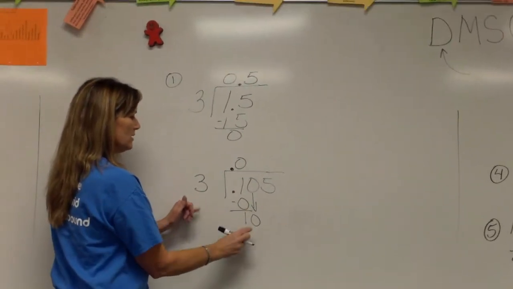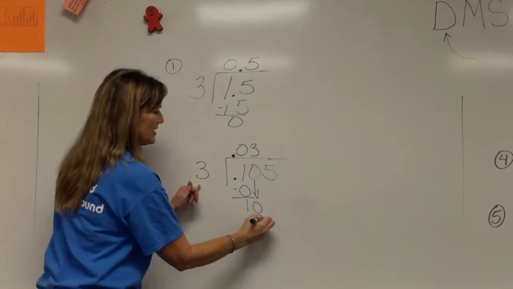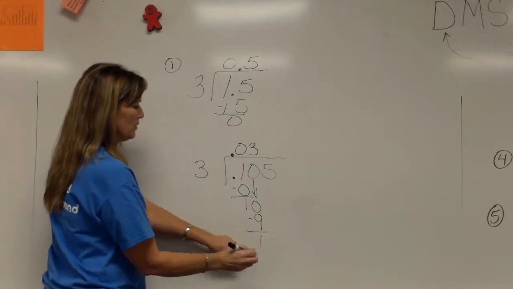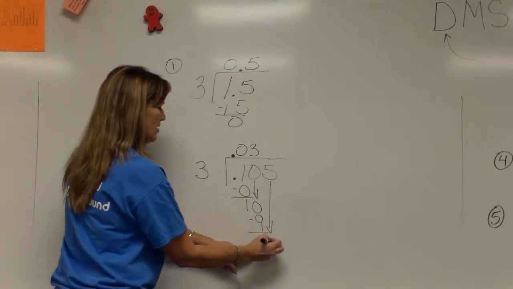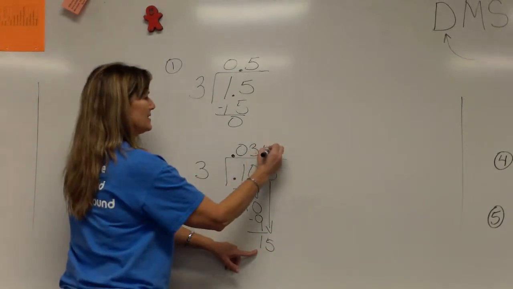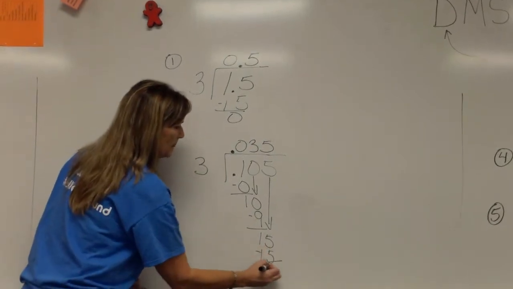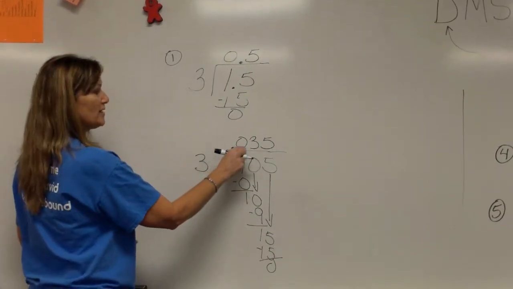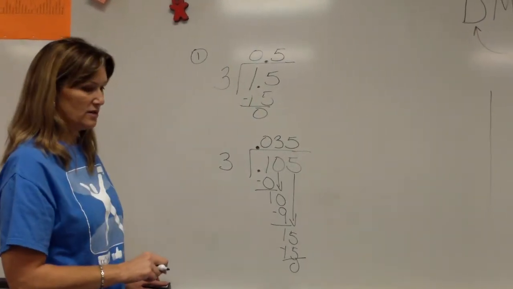I bring down. 10 divided by 3 is 3. 3 times 3 is 9. I subtract. 1 is smaller than 3. Bring down. 15 divided by 3 is 5. 5 times 3 is 15. So my answer is 0.035 or 35 thousandths.